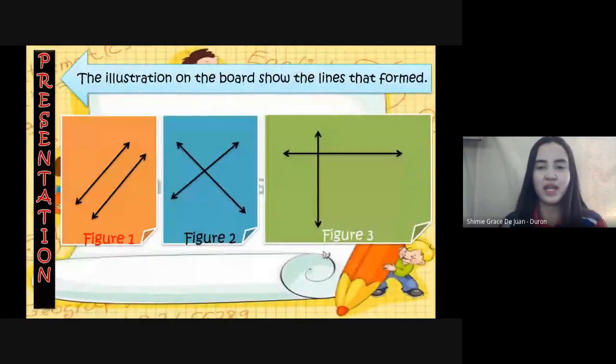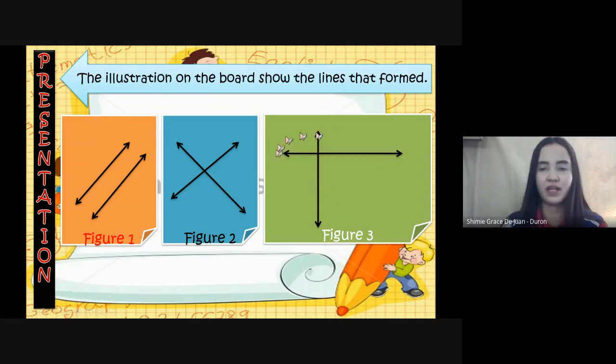So, are these the lines that you have formed during the game? Okay, if these are the lines that you have formed, you are right. For our first activity, letter A, this is the line that you can form. Next, for letter B, this is the line also.